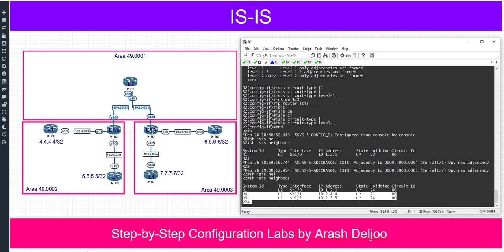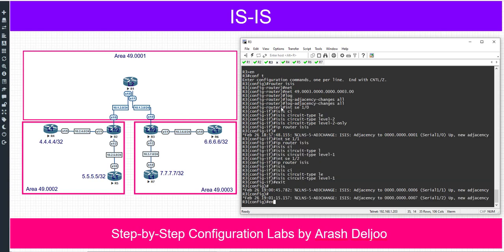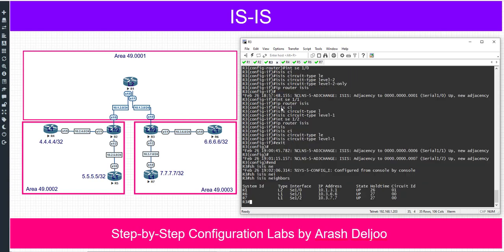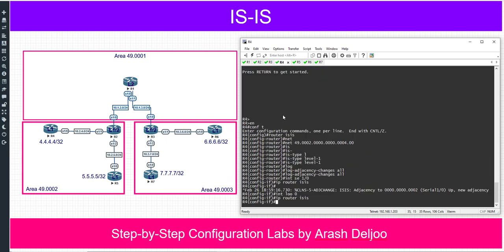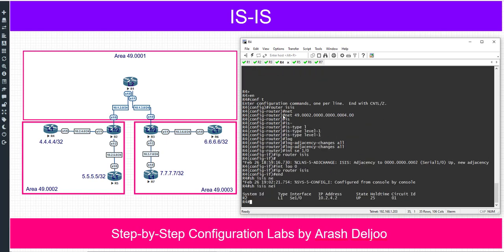Then on router 3, show ISIS neighbors shows we again have three neighbors: one level 2 neighbor, router 1, and two level 1 neighbors, router 6 and router 7, on serial 1/1 and serial 1/2 respectively. On router 4, show ISIS neighbors, we have only one level 1 neighbor.